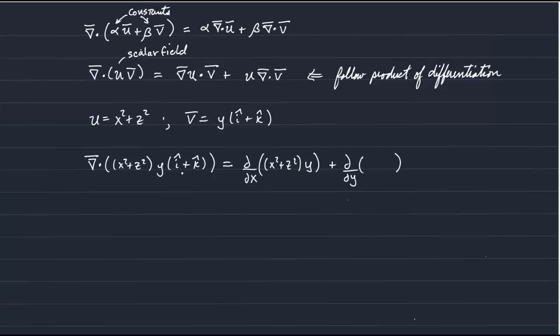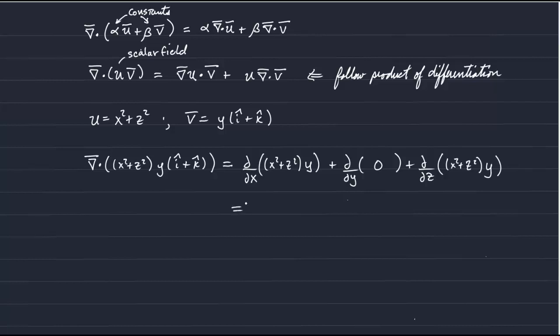It just has an x and a k hat component, so that's 0. And then we have the partial with respect to z of the z hat component, and that's x squared plus z squared times y.